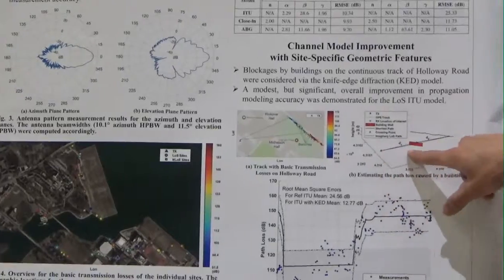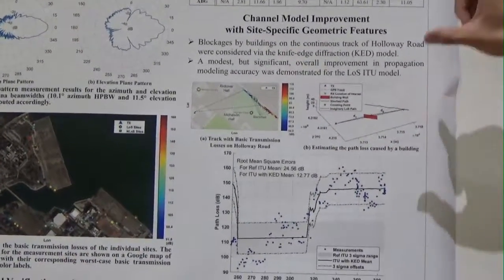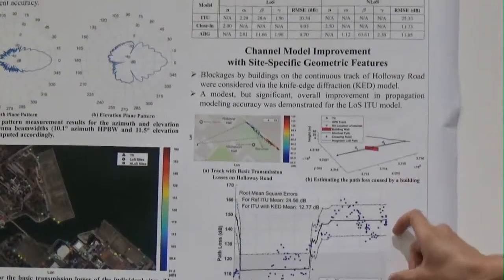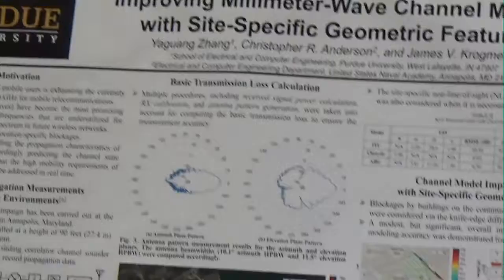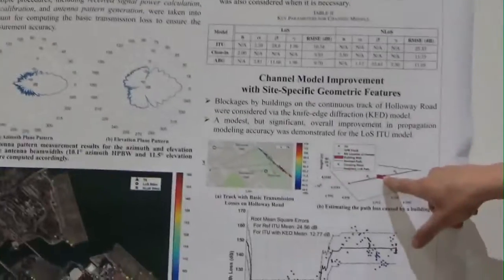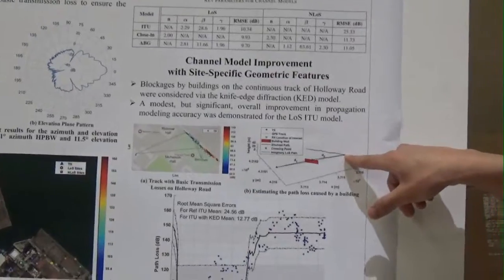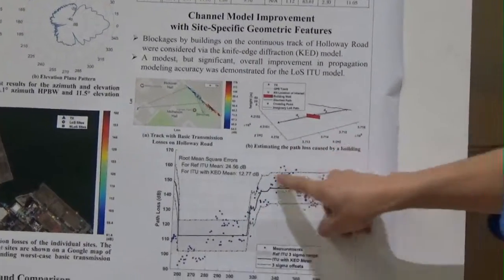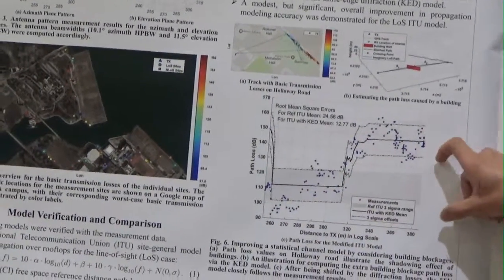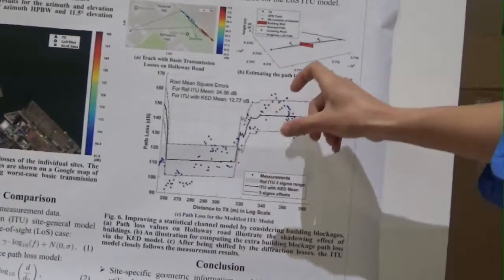It's basically one way to compute the offset for the path loss given the distance from the transmitter to the blockage point and from the blockage point to the receiver. And after the shift, as we can see, the dotted line is here. That's the shifted ITU model that follows our measurement really well.